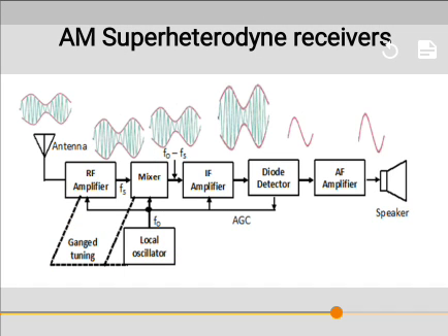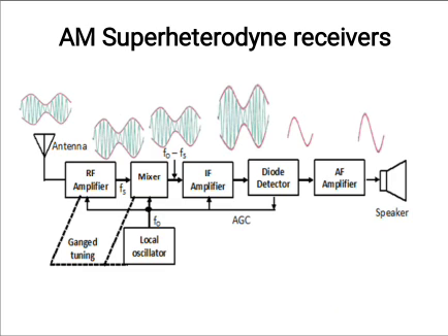The superheterodyne receiver, in spite of being more complicated than some of the other receivers, offers many advantages in terms of performance, most importantly the selectivity.